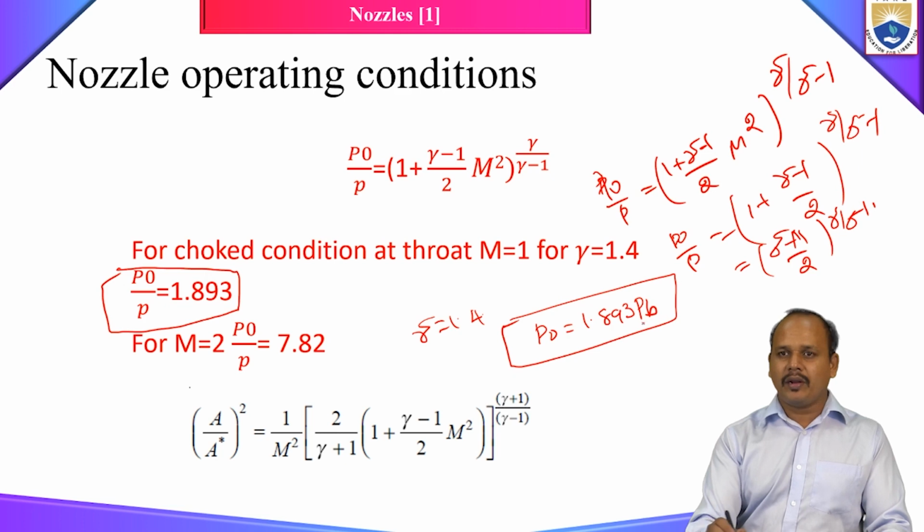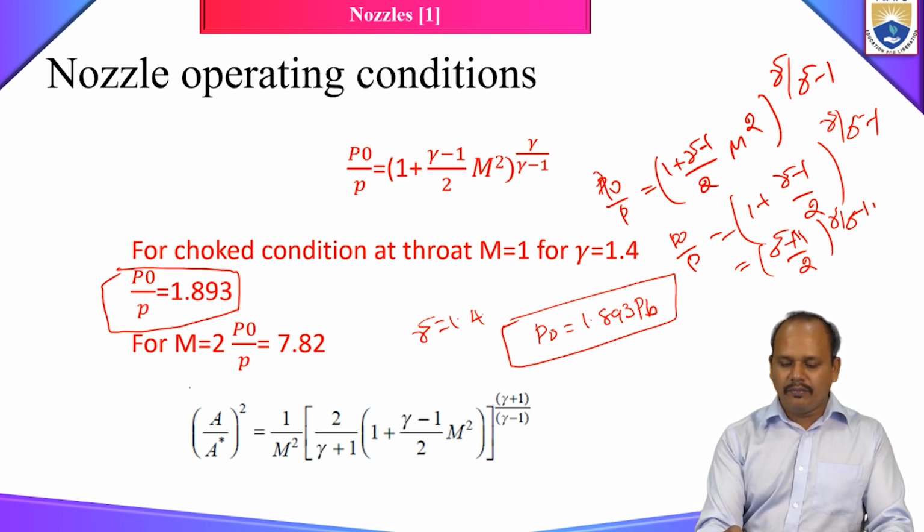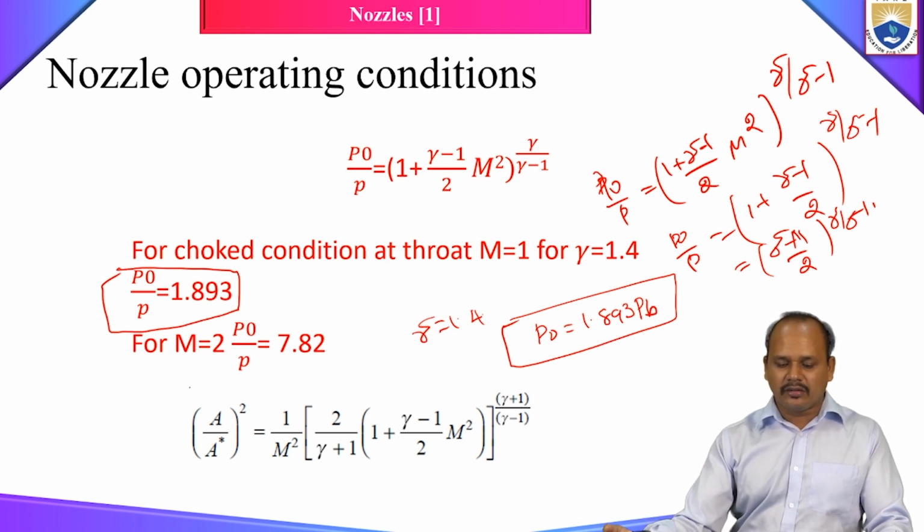What is the meaning of back pressure? Basically, it is the pressure of the environment into which your nozzle is injecting its flow. So if I give P naught equal to 1.893 times my back pressure, you will have the choking condition.